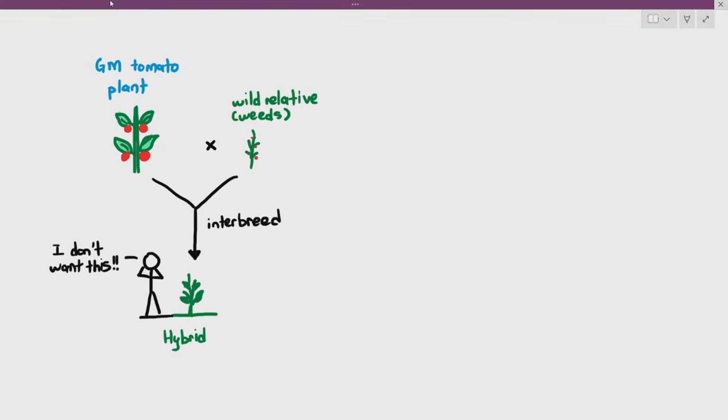So obviously, number one, you don't want the hybrid, but number two, you have a problem. The hybrid may have characteristics of the genetically modified tomato plant. It might receive alleles from the genetically modified tomato plants. One of the most egregious alleles that it may receive is the herbicide resistant allele.